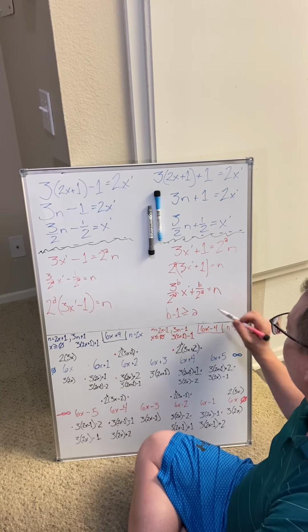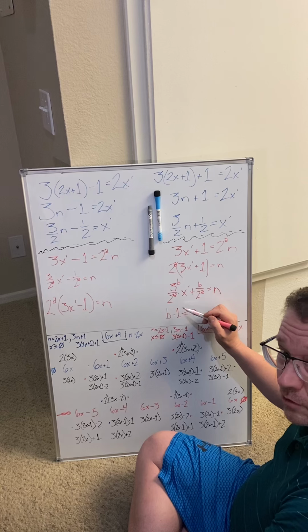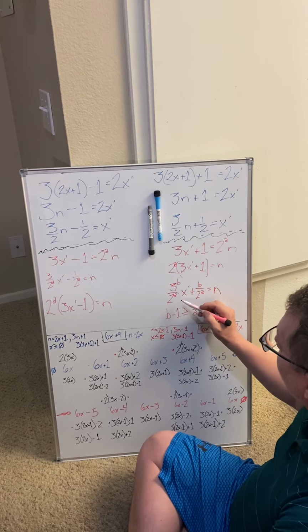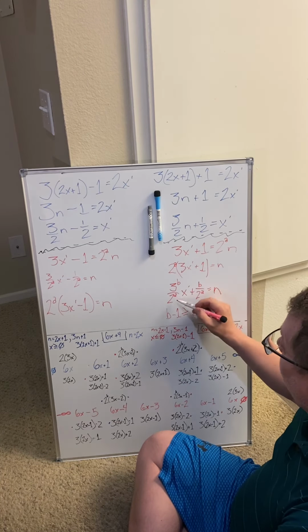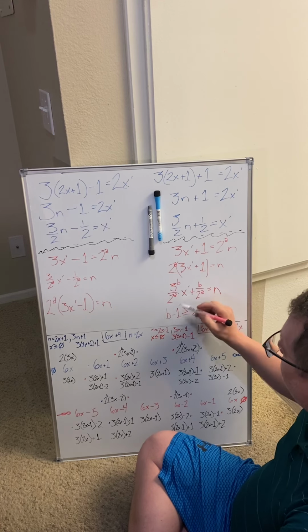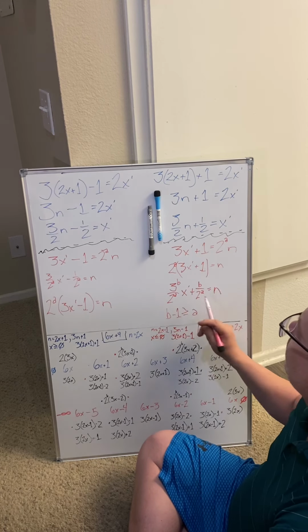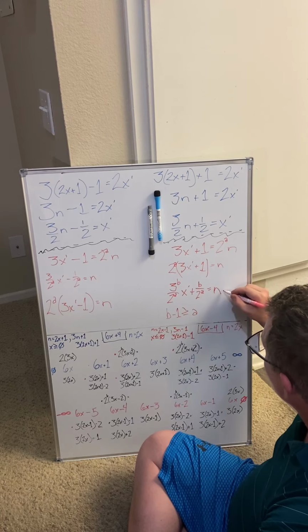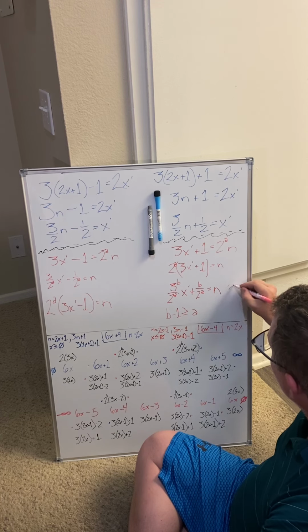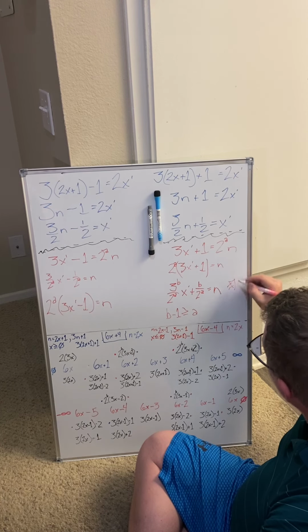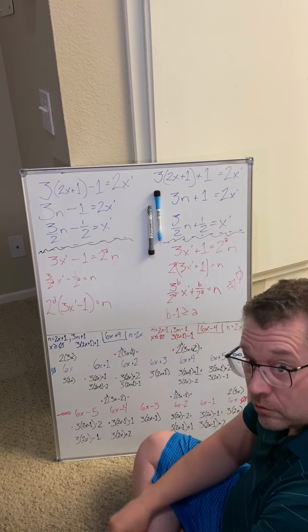If you do some quick analysis of this equation, you'll see that as b grows large, this approaches 0.